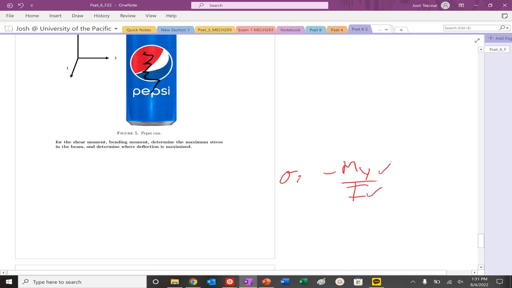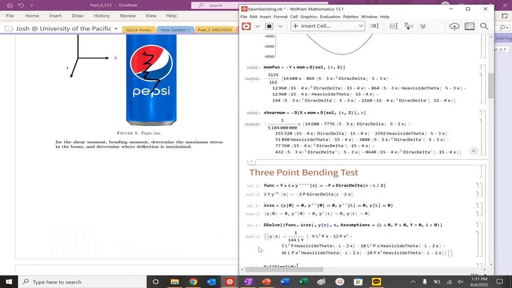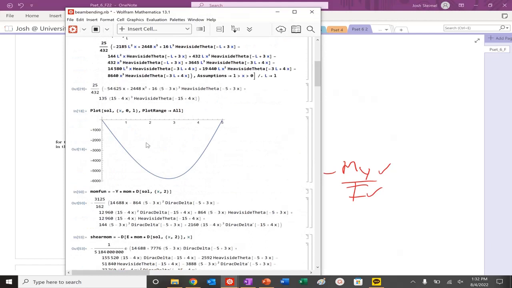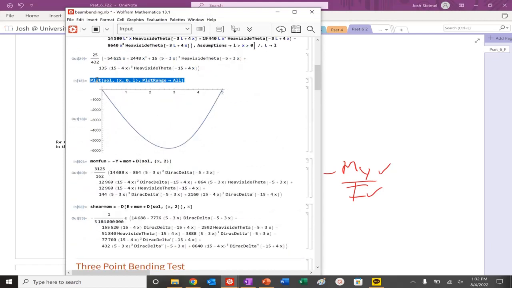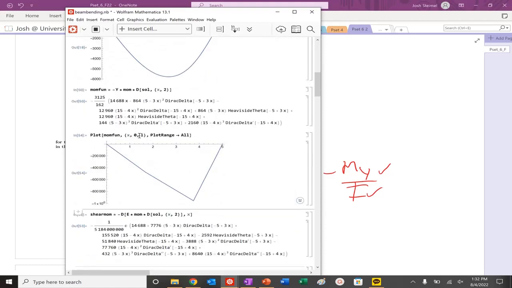Y is just basically going to be positive half of that beam, so positive half thickness, negative half thickness. So we really have to find what's our maximum of our bending moment. So why don't we go ahead and plot our bending moment? Plot moment function right here, and we can see where we're maximized right here.